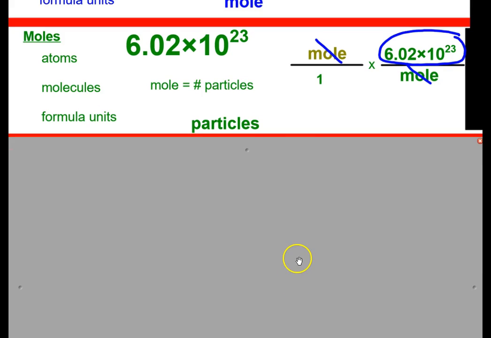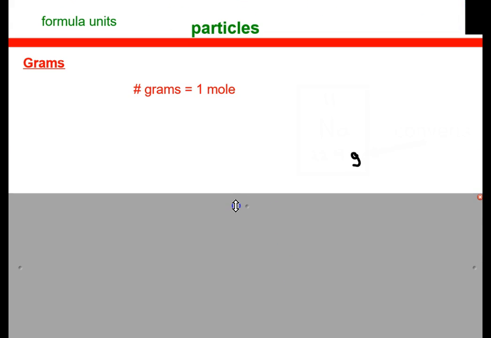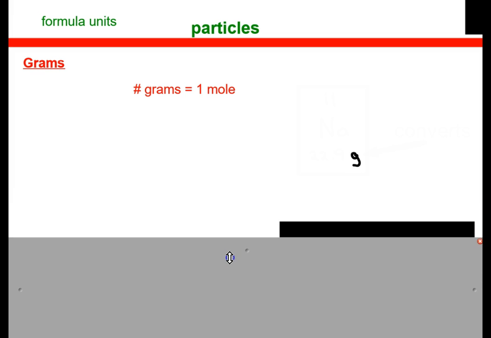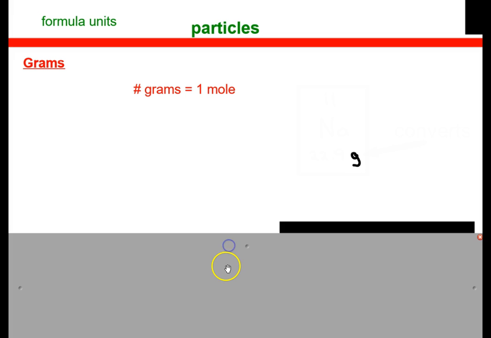Okay, ball game 2. Here it is. Grams. Grams that equal 1 mole. What? What do you think the ball game is now? It's not 6.02 times 10 to the 23rd anymore. Where do I have to go to get my numbers?